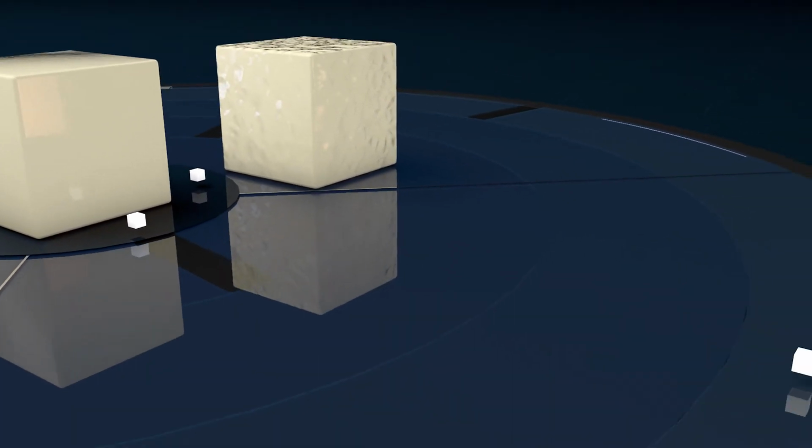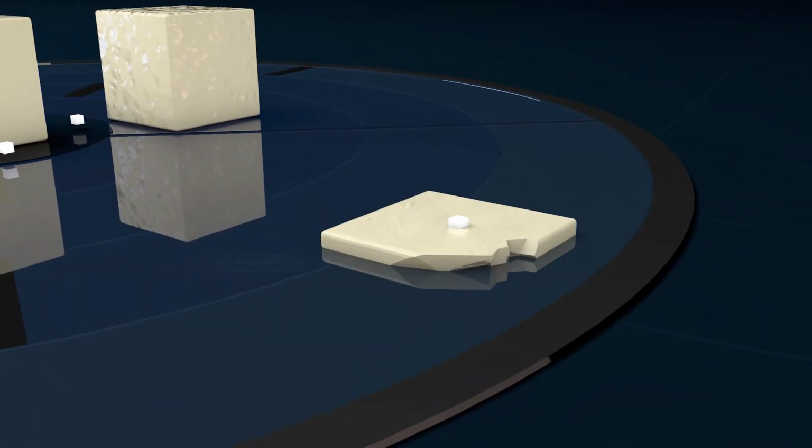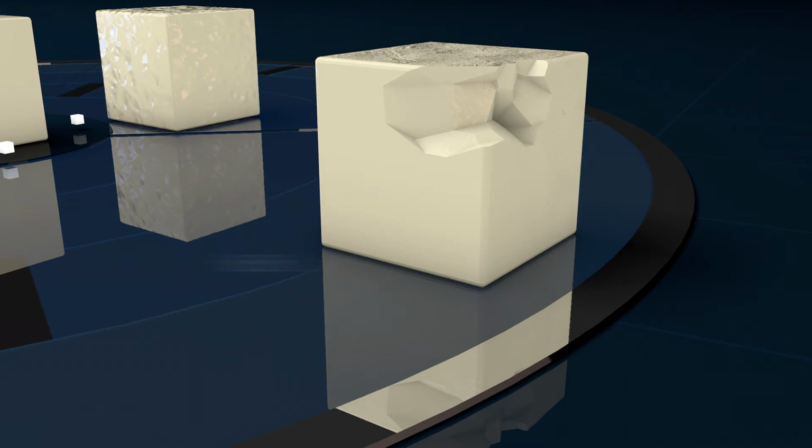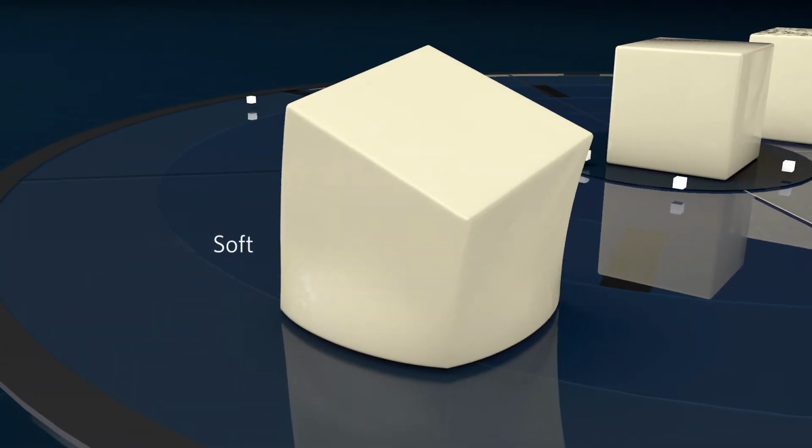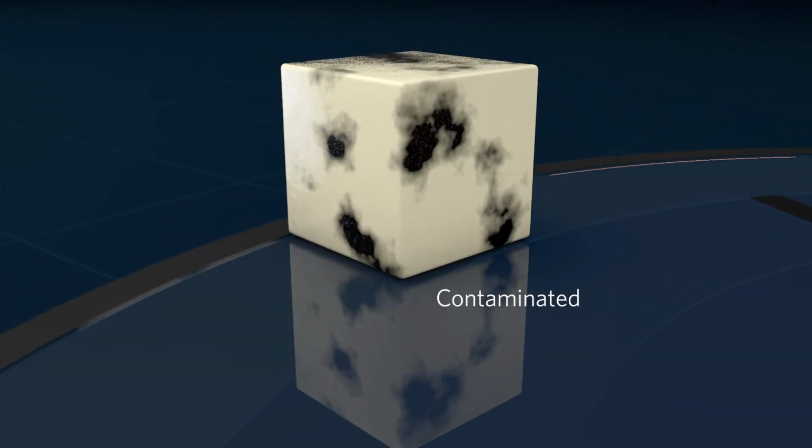As an example, the product produced at this time was too brittle, at this time too soft, and at this time, the rubber was contaminated with particulates.